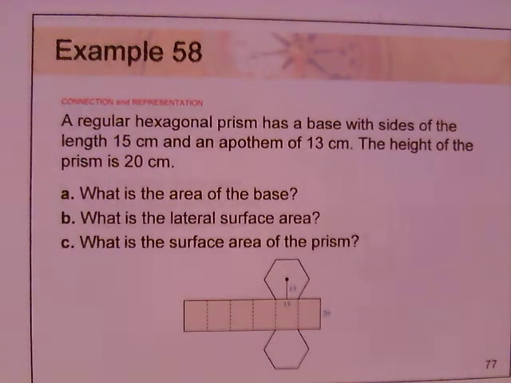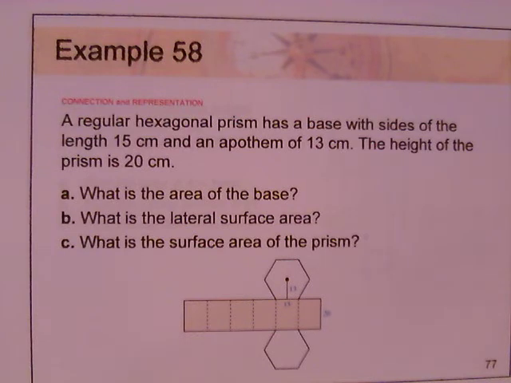A regular hexagonal prism has a base with sides of length 15 centimeters and an apothem of 13 centimeters.